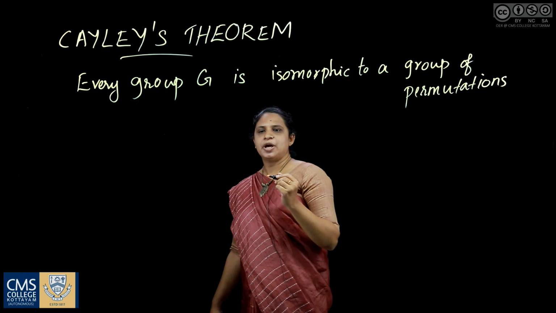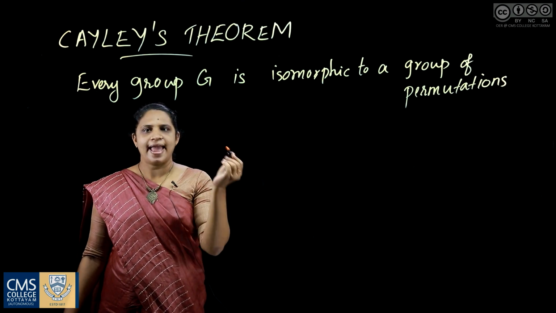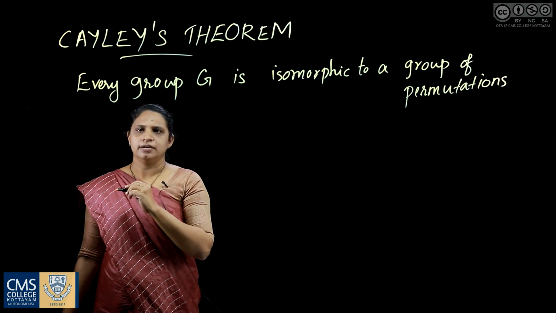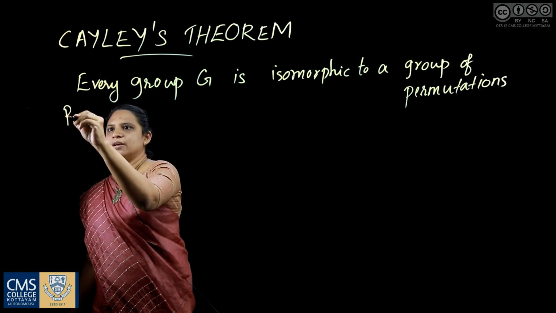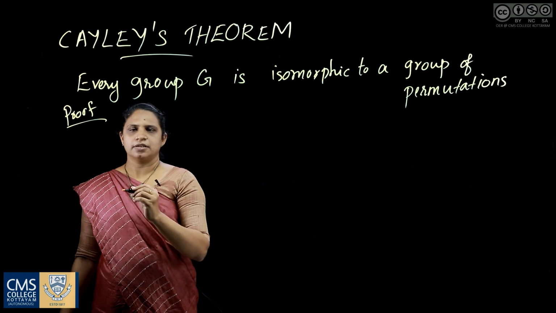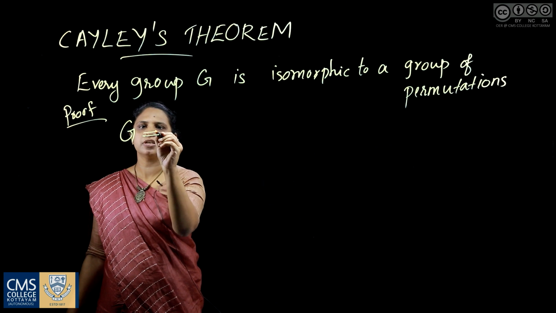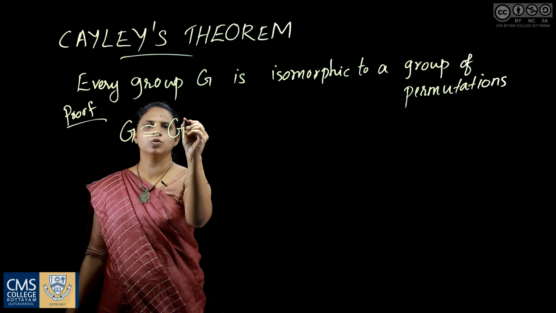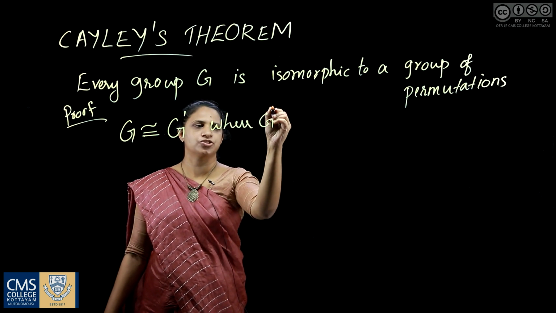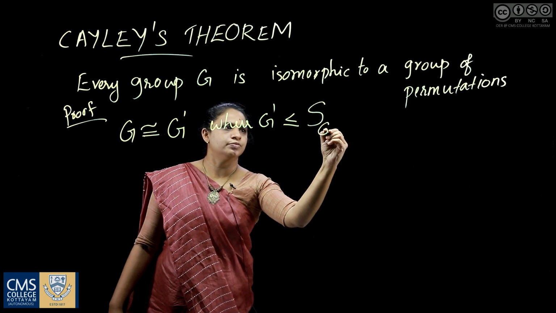We know that a permutation is a mapping of a set onto itself, and the mapping is 1-1. So, to prove this theorem, we are going to prove that if we have a group G, then this G is isomorphic to a group G', where this G' is a subgroup of the symmetric group S_G.